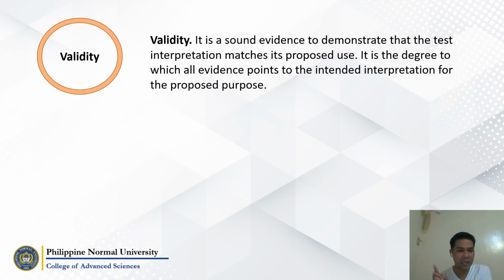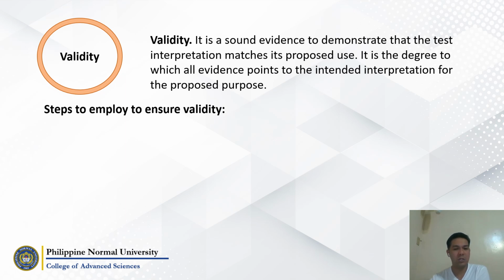Reliability is for consistency, validity is for purpose. So it is looking into the degree to which all the evidence points to the intended interpretation. It measures what it intends to measure.